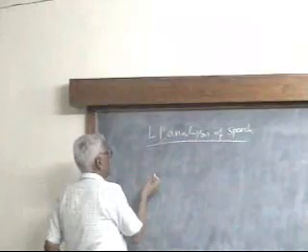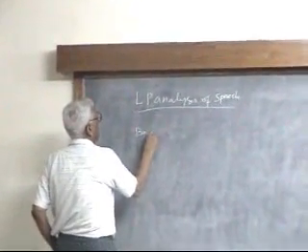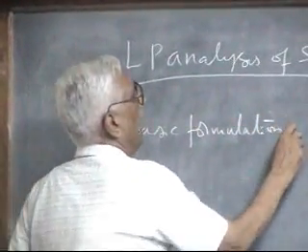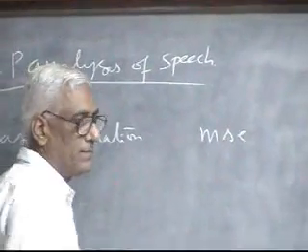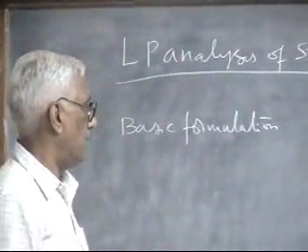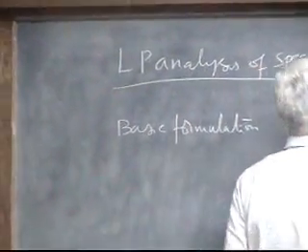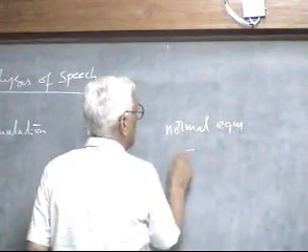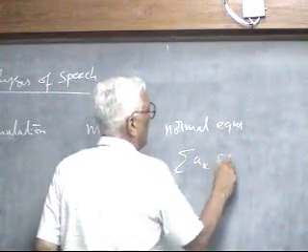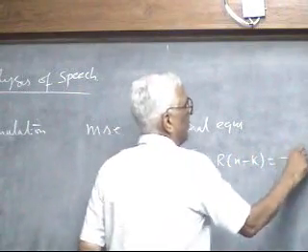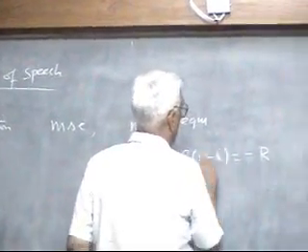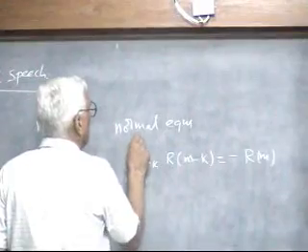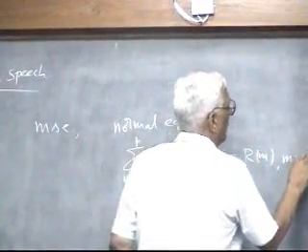And in the last class, we covered what is called the basic formulation, the mean squared error formulation, which resulted in what are called the normal equations, that is, summation of a_k R(n minus k) is equal to minus R(m), for k equal to 1 to p and m equal to 1 to p.